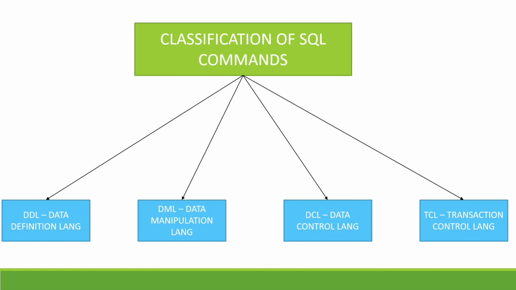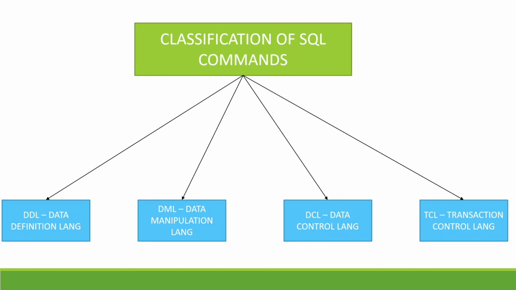By manipulation we mean performing transactions or doing certain actions. So the insertion of data, updating of data, or the deletion of data comes under the DML commands. Basically, the DML commands are used to create the records or the rows of the table, right? The third one is the DCL, or the Data Control Language.